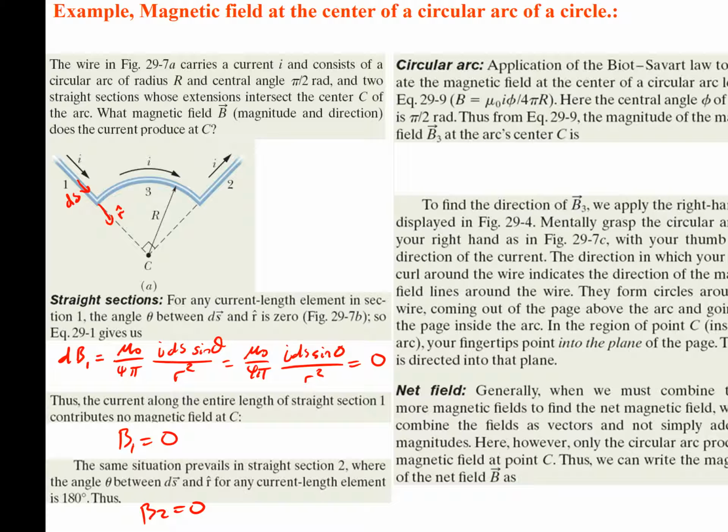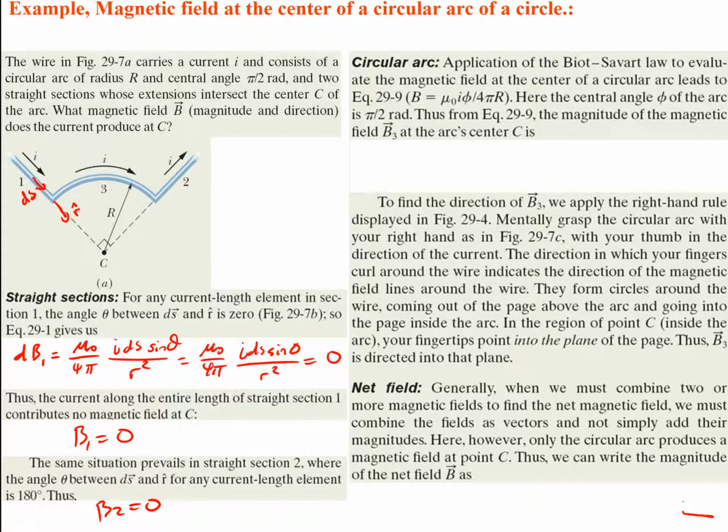All right, so now let's look at the circular arc. Didn't realize we were off the page there. All right, we're back on track. So we're going to use the Biot-Savart law to evaluate the magnetic field at the center of this circular arc, and we know that leads to the equation we found in the previous slide, that B is equal to mu naught I phi over 4 pi r.